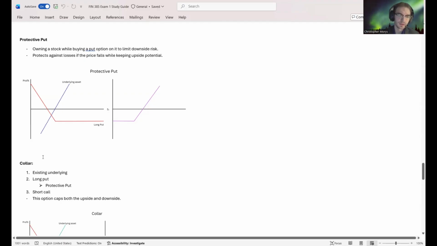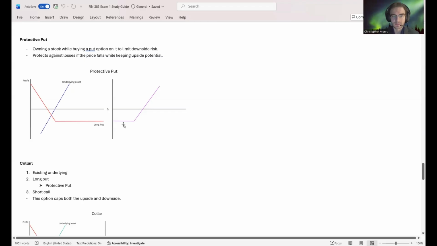So to visualize it here, this is the underlying asset that you own, and this is the put that you traded in. So you define your risk and keep your reward undefined.